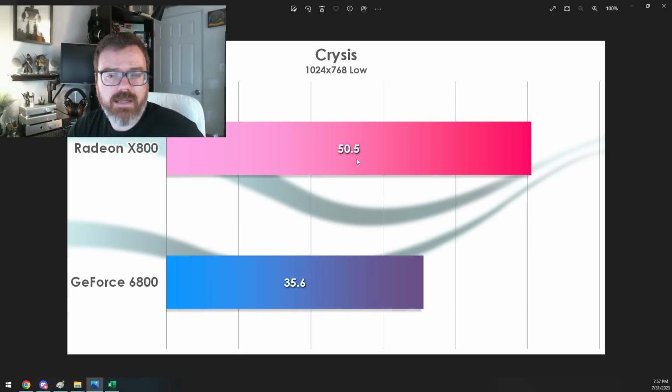I mean, the low settings are not too crazy with the shader effects, and it's quite the sacrifice in terms of image quality, but it is shader model 2.0 friendly, and the X800 does pretty well there.